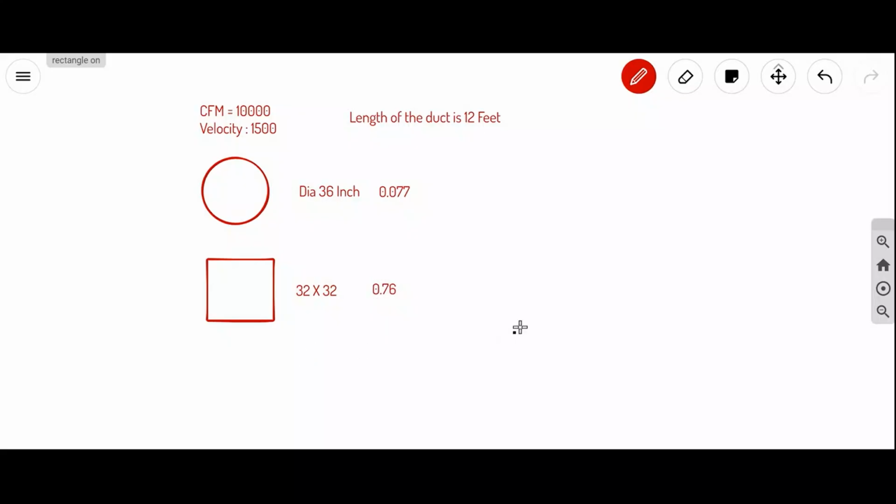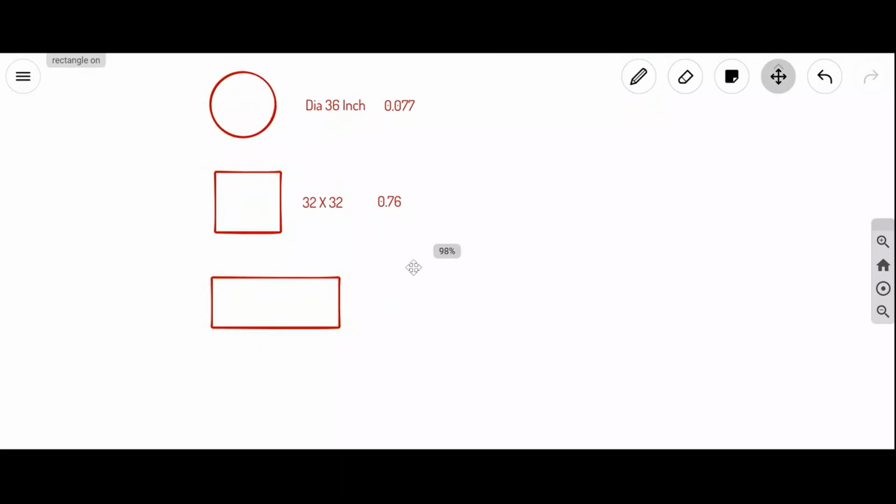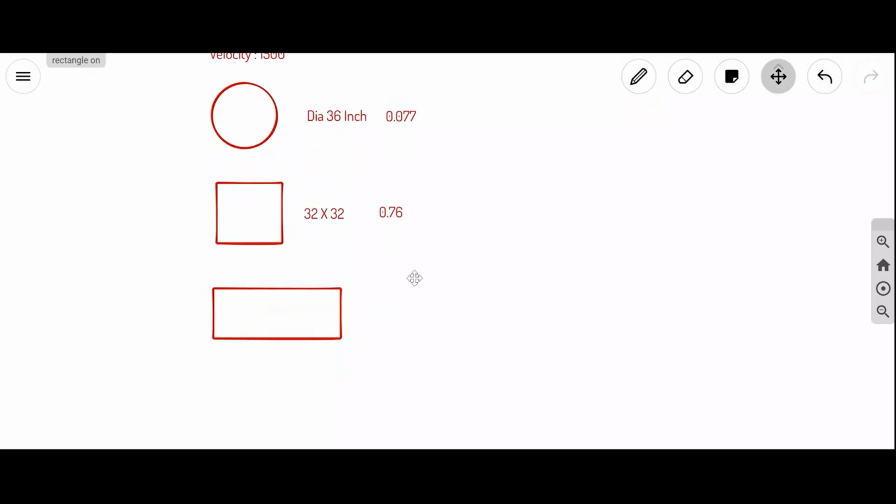A rectangle with a height of 18 inch, same 0.77. The height is 18 inch. Yeah, 62 by 18.